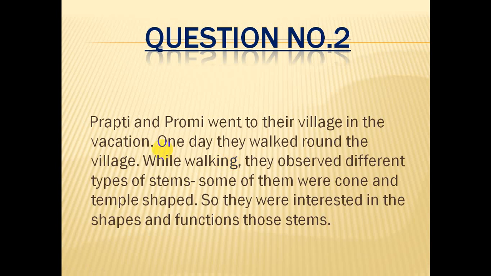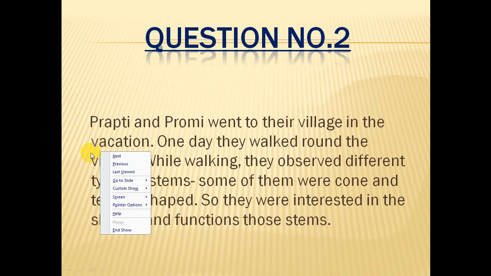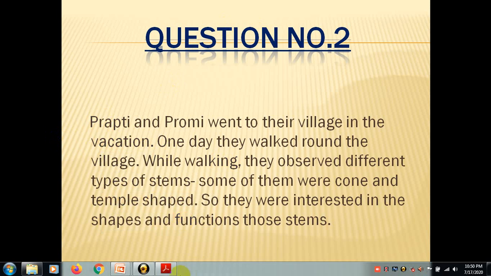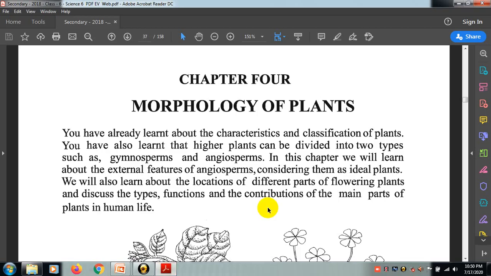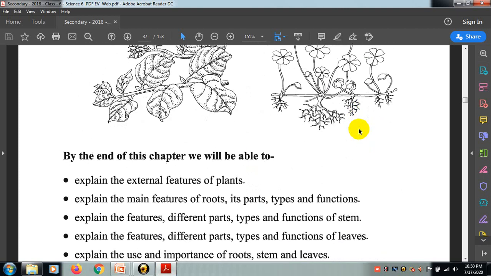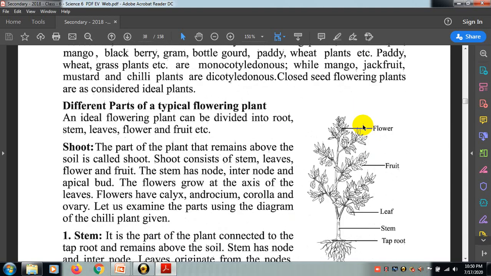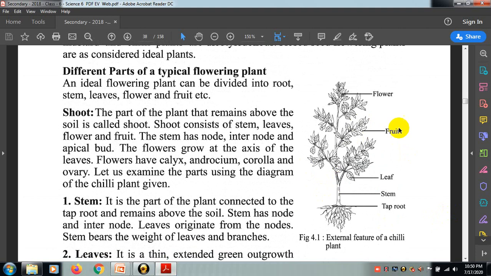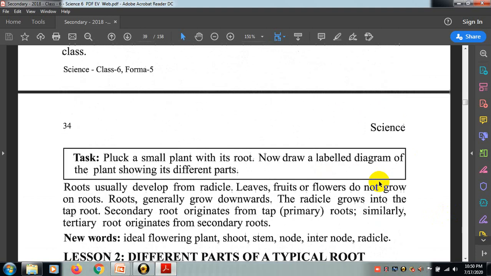So students, before starting question answer number 2, we will go to the book page, then you will understand more things. Okay, so this is our book page, morphology of plants. See, if we go through the book, this is an ideal plant.